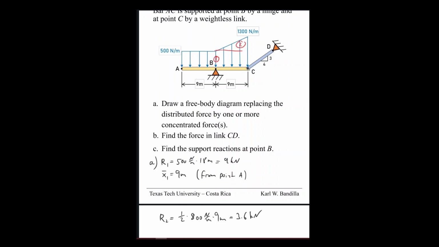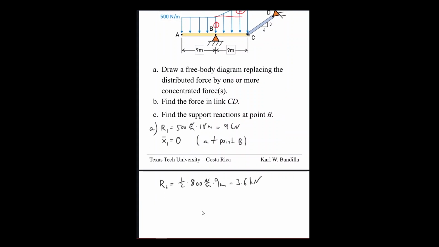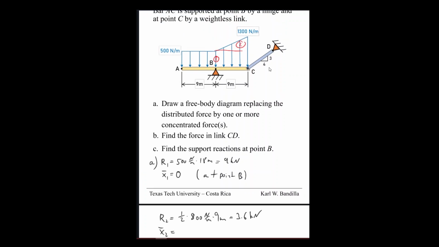You know what? Let's change our description here. Because both of them fit better to point B than to point A, let's say 0, and then here we'll say at point B. And then for X bar 2, it'd be 2/3 from point B. So that would be 2/3 times 9. 2/3 times 9 is, of course, 6.